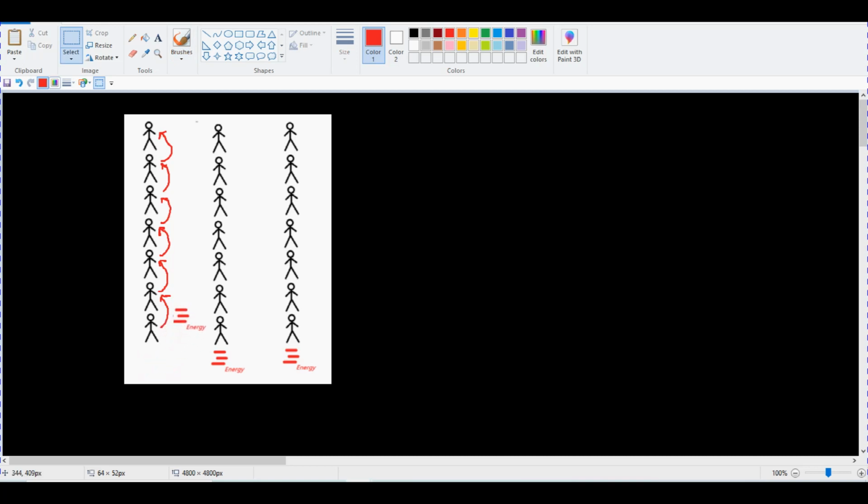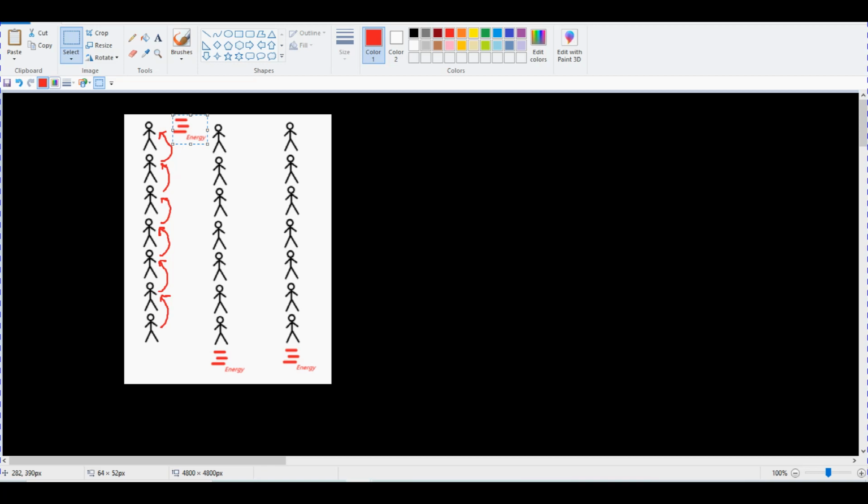From this guy, it gives to the next guy, and to the next, and to the next. So everybody is involved, but without any bulk movement of the members in that line. They pretty much keep the shape of the line, but they transfer the energy by just using the hands to pass the energy.